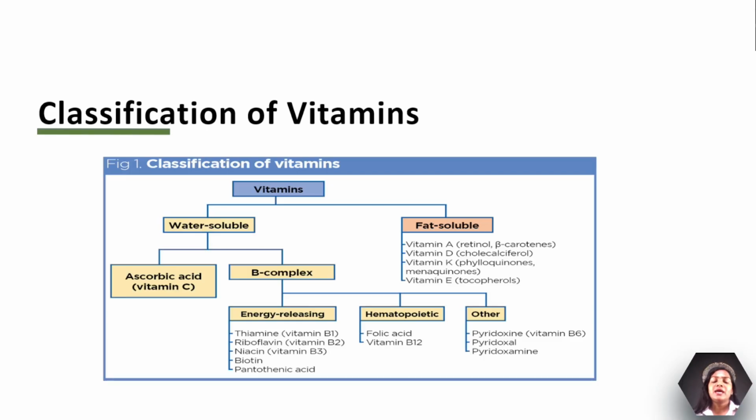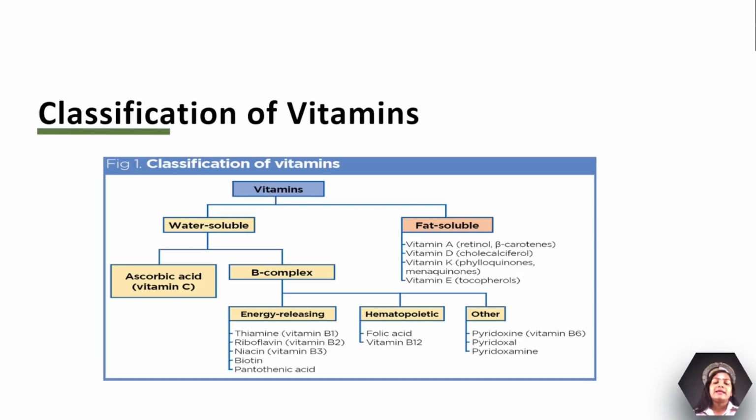The first is energy releasing, which consists of the B vitamins, additionally biotin and pantothenic acid. The second category is hematopoietic, consisting of folic acid and vitamin B12. In the third category, pyridoxine, pyridoxal and pyridoxamine are considered.